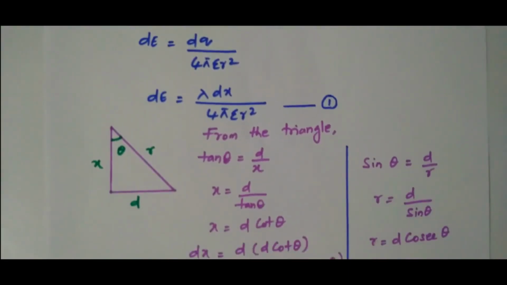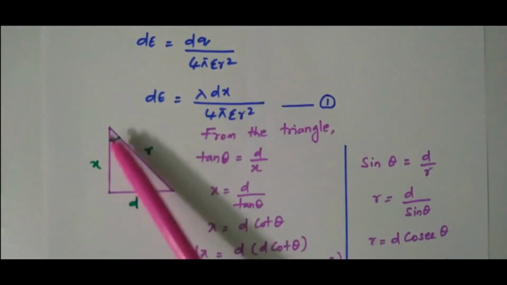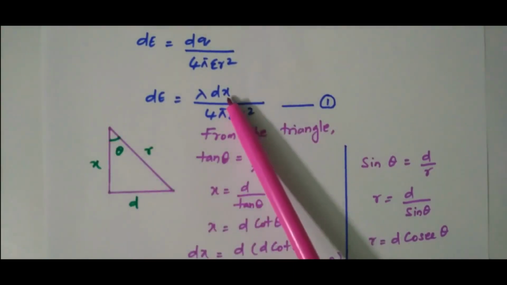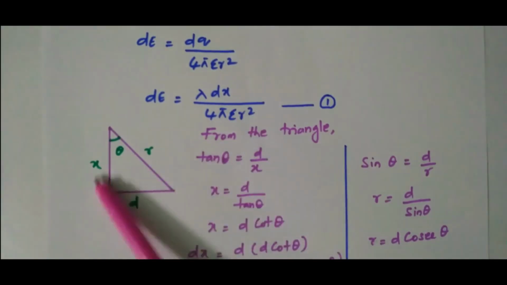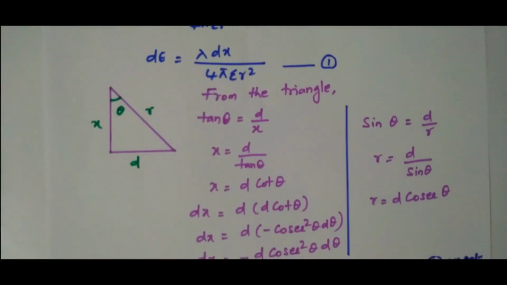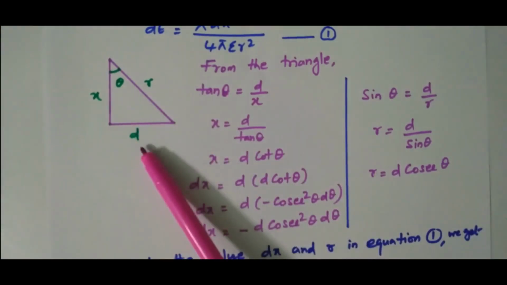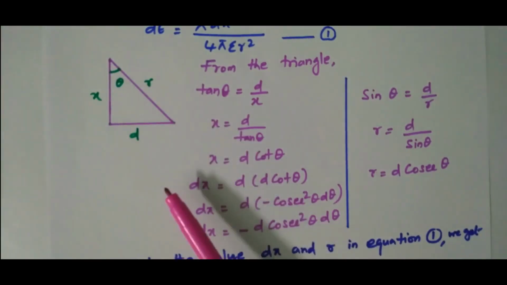Now what we are going to do, we are going to find the dx and r value from this triangle. This triangle we already discussed. In this triangle, this is x, d and r, and this is theta.